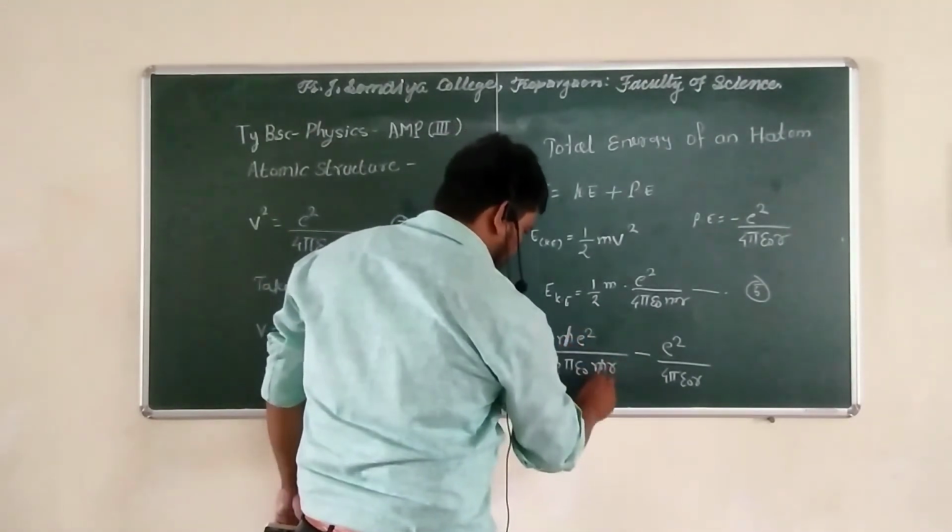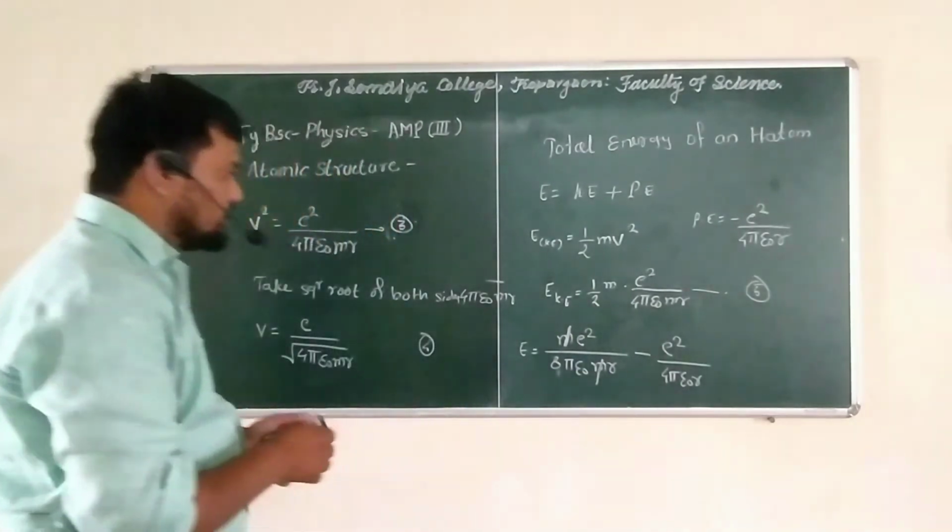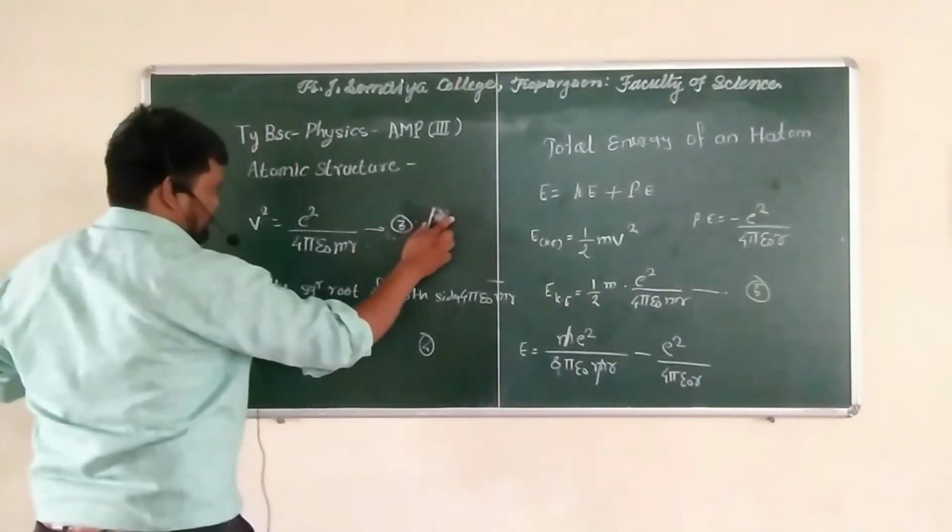So what remains is e squared upon 8 pi epsilon naught m r.